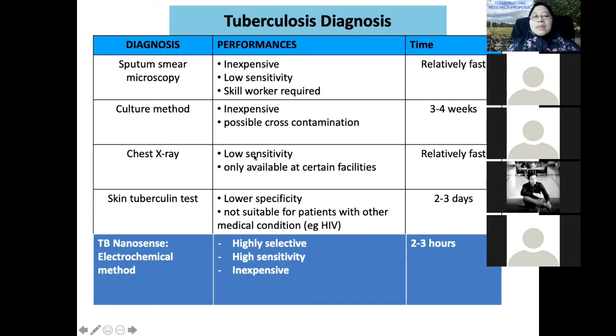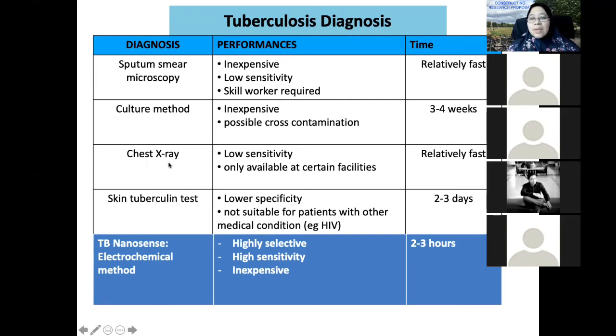The culture method is definitely a good technique, not to say it's accurate, but for TB it requires 5 to 6 weeks, because the bacteria is very slow growing, to have the results based on the culture method.